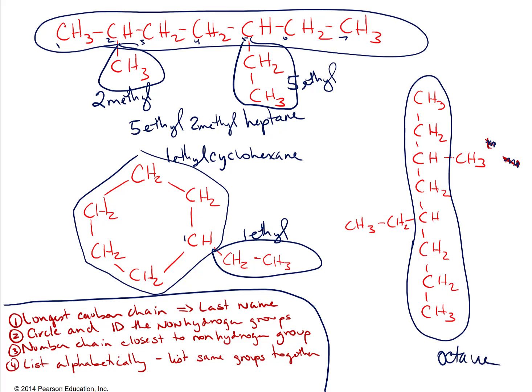So that means that I need to name this and this. So the top one is a methyl. The bottom one is an ethyl. Now which way am I going to number, from the top or the bottom of my chain? Top, because you see the methyl group is 3 in. If I come from the bottom, the ethyl group is 4 in. So I definitely want to start from the top.